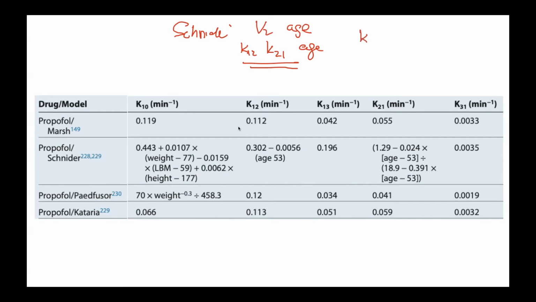And K10 is varied by your lean body mass, and because you know it's varied by your lean body mass, that will give you the hint that it's also varied by weight and height as well. And finally, the ped fuser has K10, which is varied by weight. Otherwise, everything else is fixed.